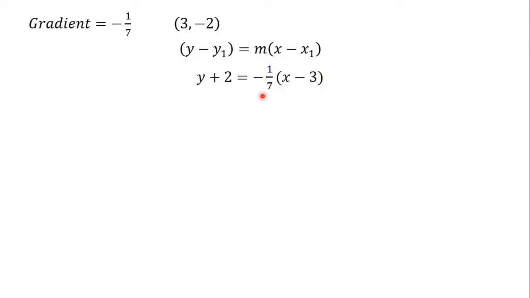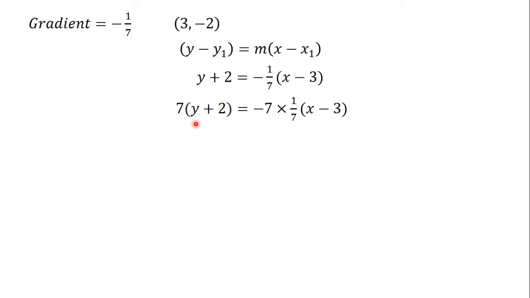Now we have a fraction in this equation. We want to cancel out the fraction, so we multiply through by the LCM of the denominators. We have only one fraction, so the LCM of the denominator will be the same as the denominator. The denominator here is 7, so we multiply the left hand side by 7 and the right hand side also by 7. In doing that, we have 7(y + 2). y + 2 is a binomial, so if you are multiplying 7 by a binomial, you put the binomial in a bracket.